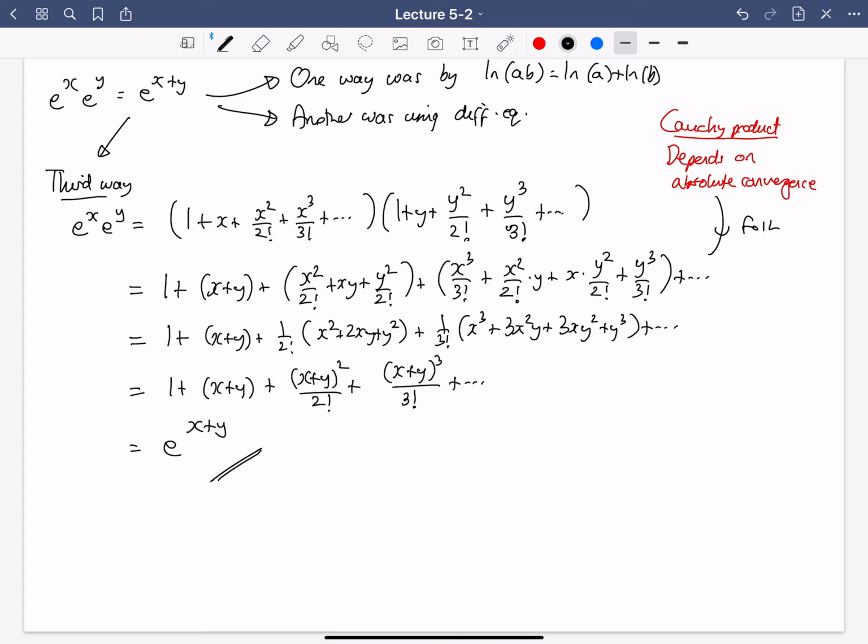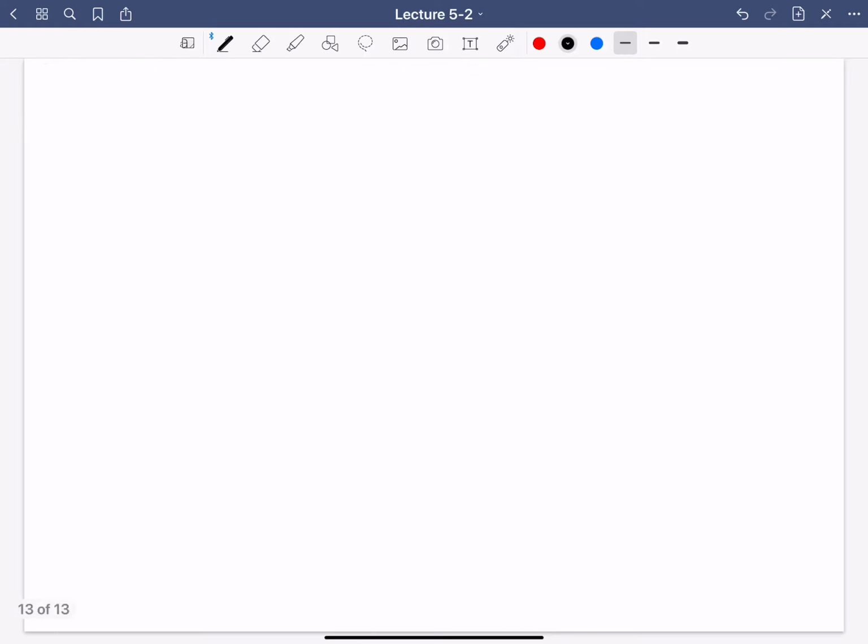Okay, so I think that's the best way of defining the exponential function using that power series. Before we go too far, what about natural log? Could we define that by power series?